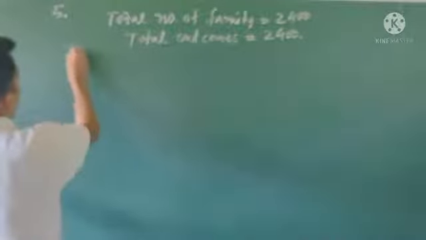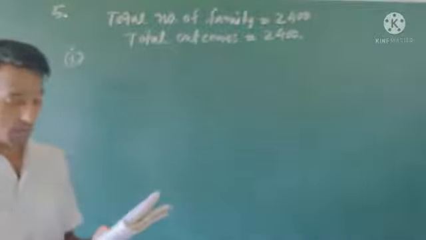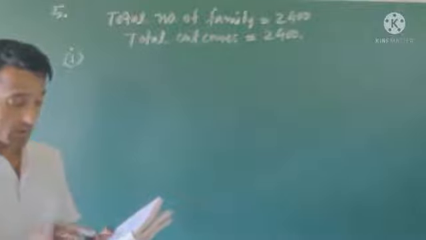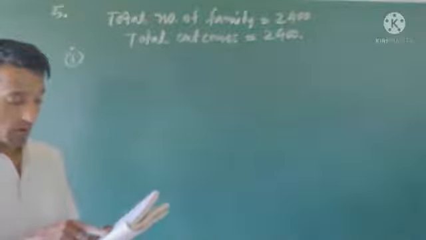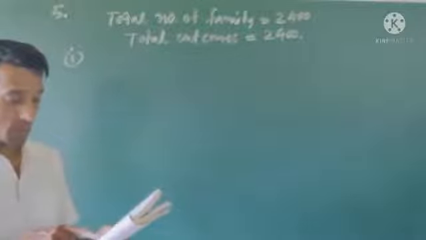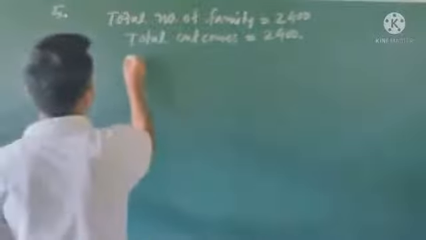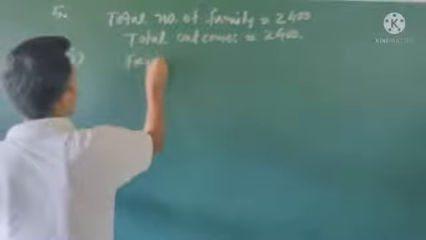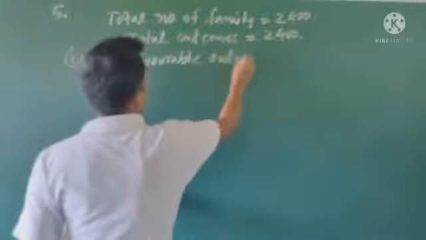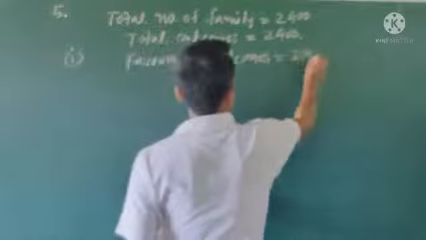Now you see number 1, what is given? Earning 10,000 to 13,000 per month and owning exactly 2 vehicles. You see the table, earning 10,000 to 13,000, and how many families have 2 vehicles? 29. That means the favorable outcomes is 29.